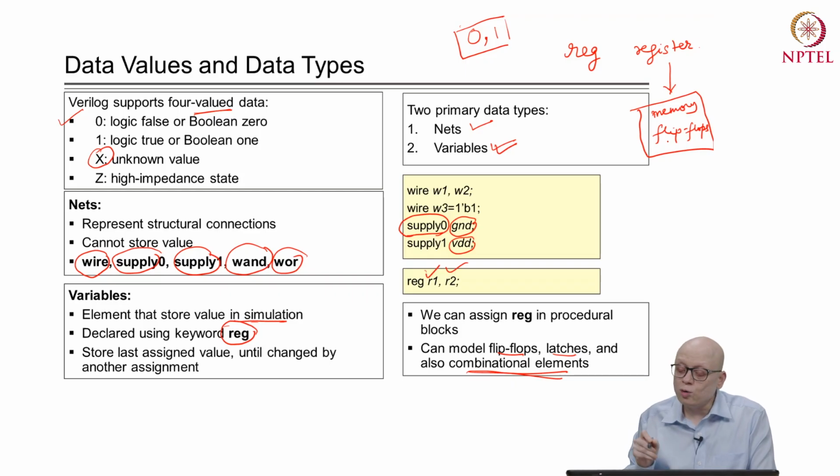It need not always be synthesized to a flip flop or memory element. It can also be synthesized to combinational elements. So, reg is not equivalent to a flip flop in the hardware. That is what I want to point out, because novice programmers make this kind of mistake.